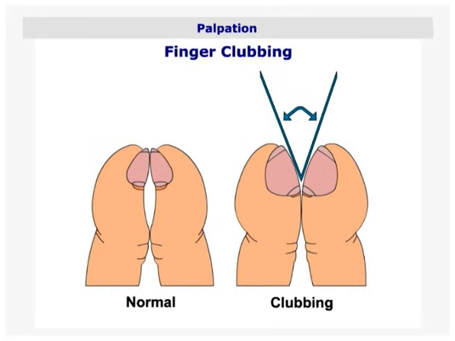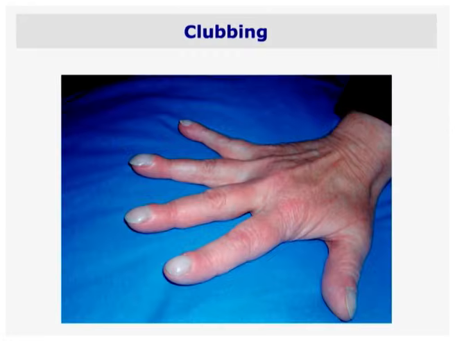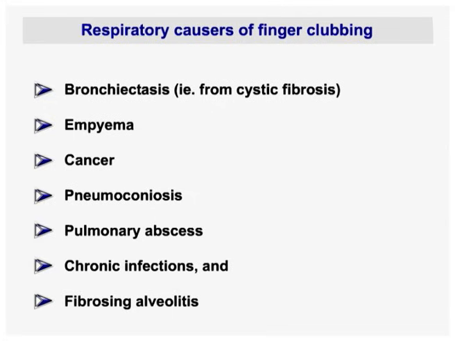Finger clubbing is caused by a variety of conditions which are covered in detail under the general examination presentation. The respiratory causes of finger clubbing include bronchiectasis, for example from cystic fibrosis, empyema, cancer, pneumoconiosis, pulmonary abscess, chronic infections, and fibrosing alveolitis.